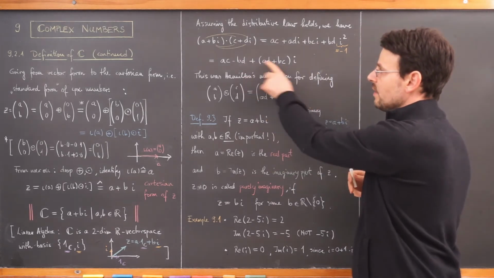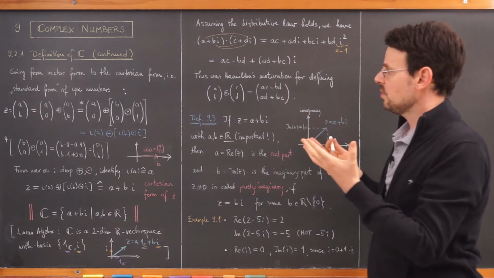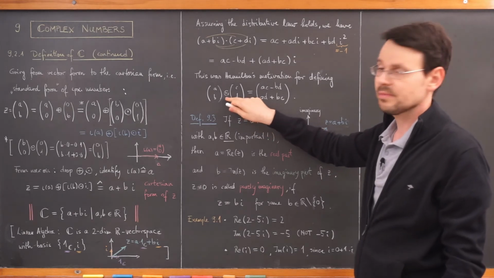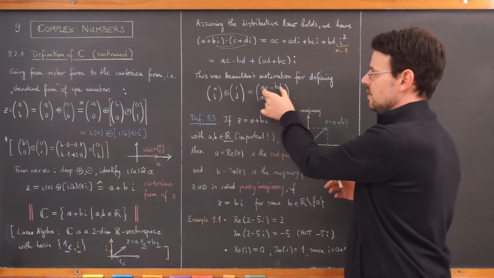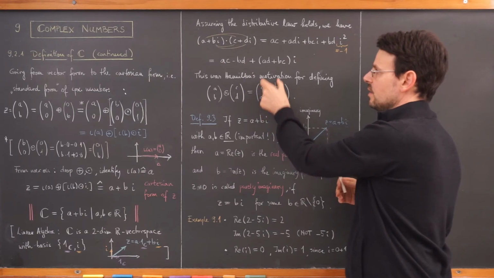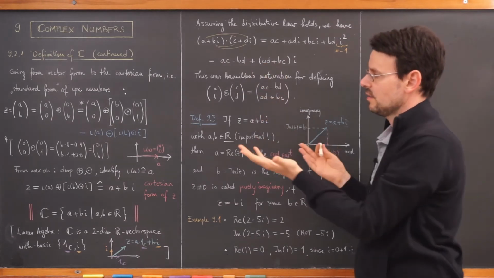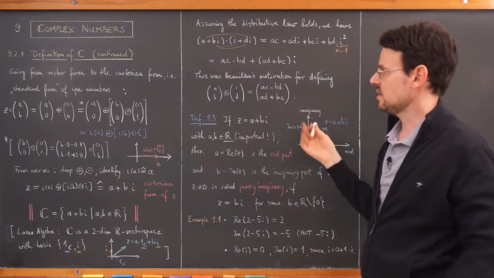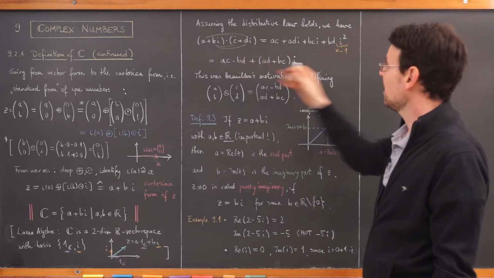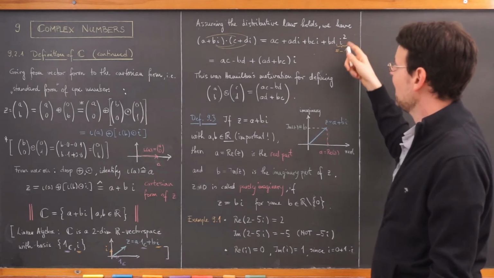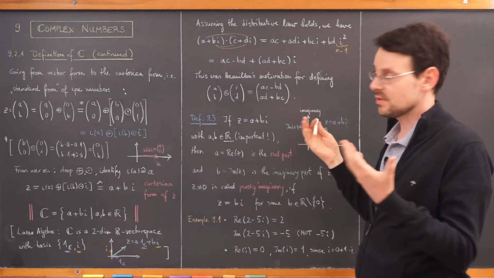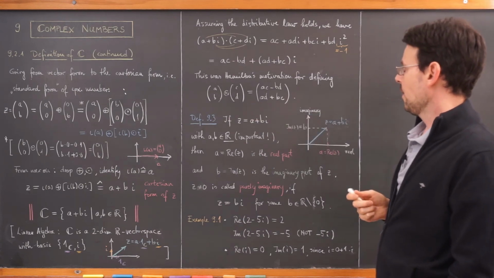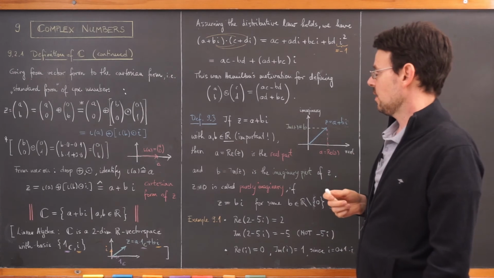And now if you look at that, then it should be clear what Hamilton's motivation was for defining complex multiplication the way he did. You see that? This is that and this is that. So this definition, which at first glance looks insane, is very natural. And it already has built in that I squared is -1, or is supposed to be -1. So this is the reason why Hamilton did the things he did.